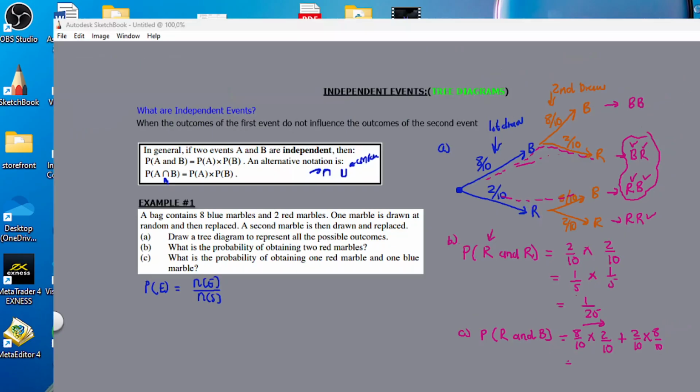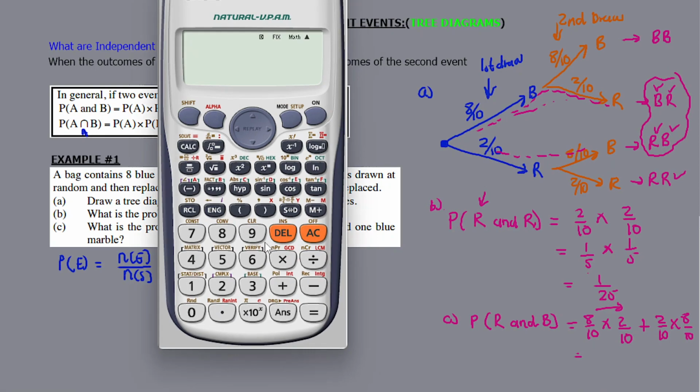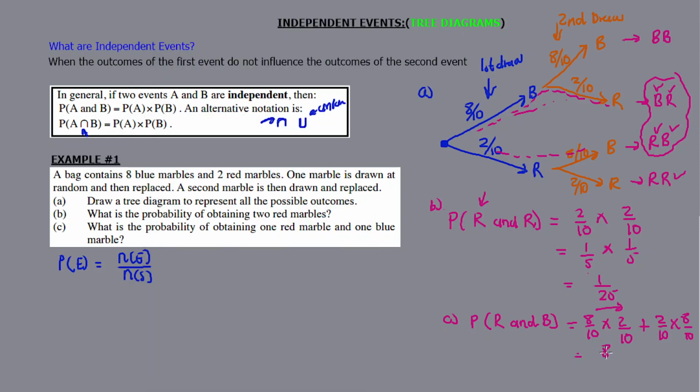That is equal to 8/25. So this is our answer: 8/25.